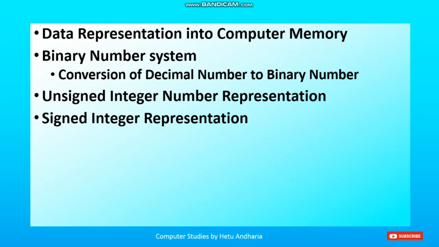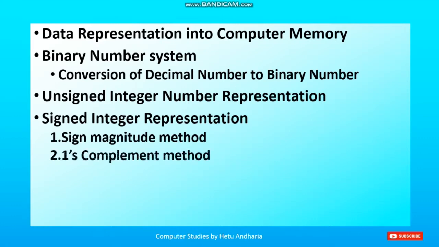That -5, -10, that means signed integer. Now to convert a signed integer into a binary number, there are three different methods. The first one is sign magnitude method. Another method to convert is first component method, and the third one is second component method.